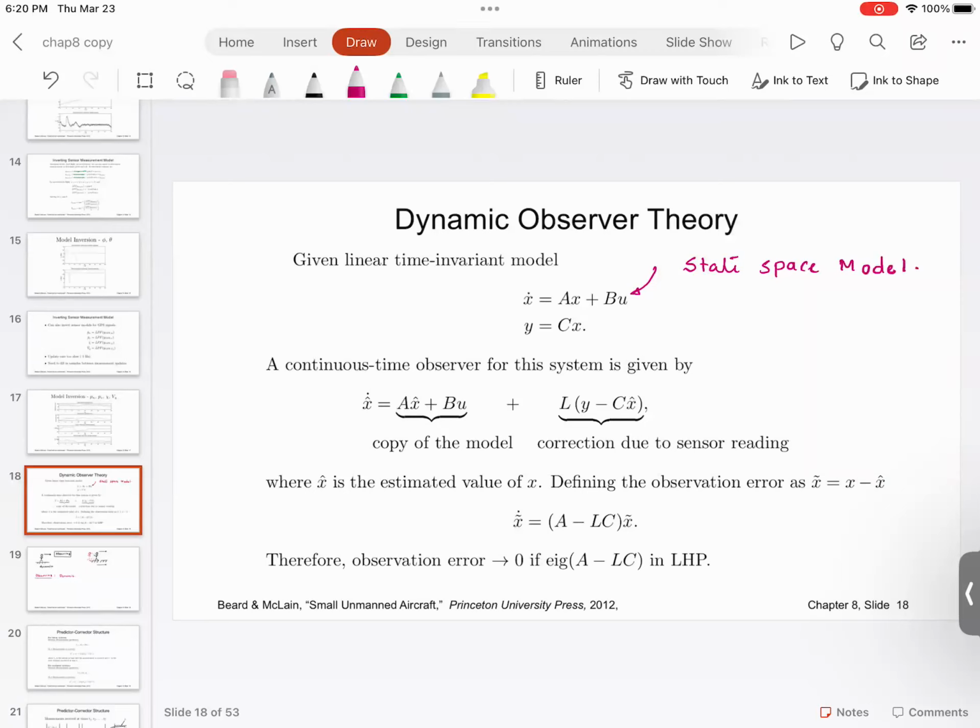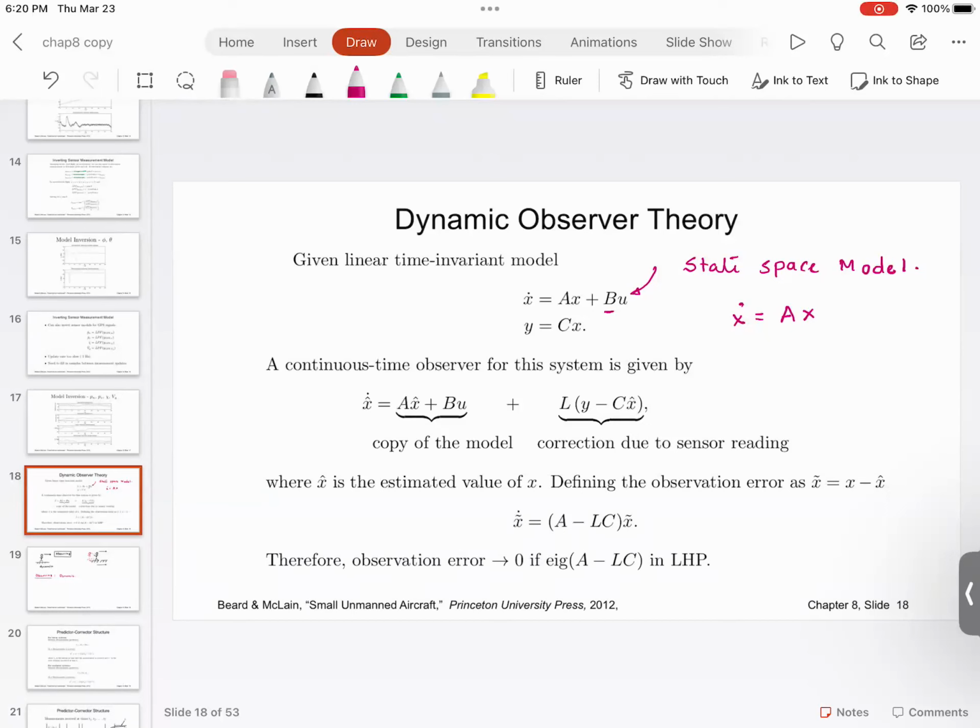You have x dot on one side, you have the system dynamics Ax, and everyone is comfortable with this equation. x dot is equal to A times x. So if I have a spring mass damper system, my states are displacement and velocity, and I write that into a state space equation. The next term here is the external forcing term.